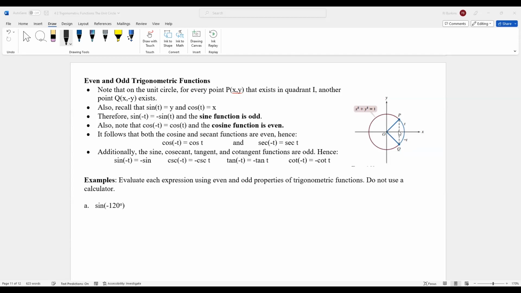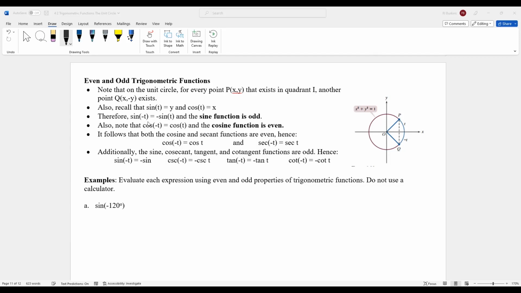But the x-coordinate to get to those points is exactly the same, and the y-coordinate is opposite. The y-coordinate would be plus on this one, minus on that one. So that right there tells you that the sine, since it's related to the y-coordinate, is an odd function, and cosine, because it's related to x, gives you an even function.